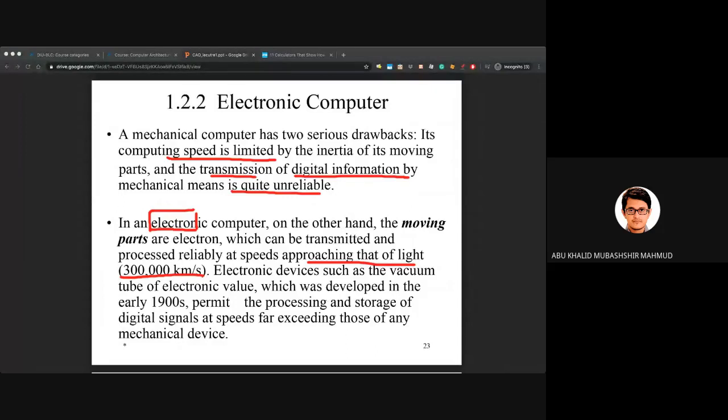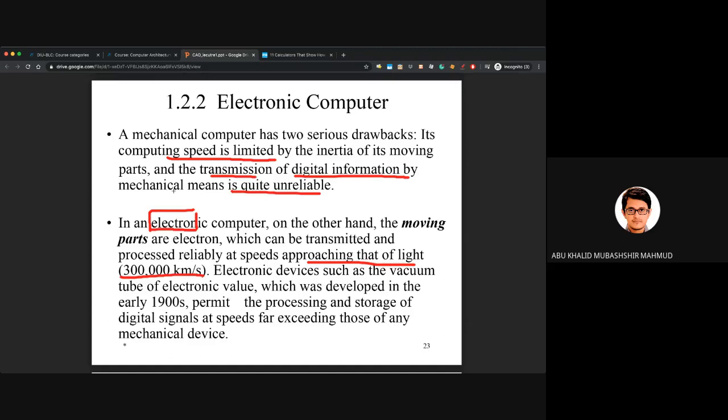Electronic devices such as the vacuum tube or electronic valve, which was developed in the early 1900s, permit the processing and storage of digital signals at speeds far exceeding those of any mechanical device.